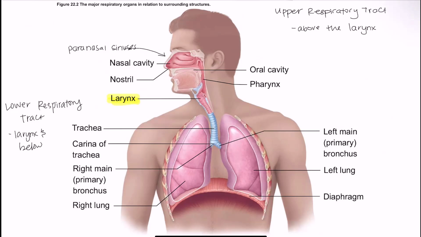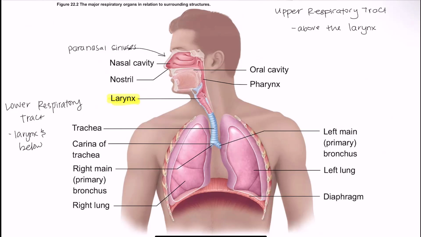Sinuses are little holes or air-filled sacs within the cranial bones that we talked about back in Bio 430, but those are part of the upper respiratory tract. So it's all about being this pathway of air from the nose down, and then from the larynx down into the lungs. That's the lower one.